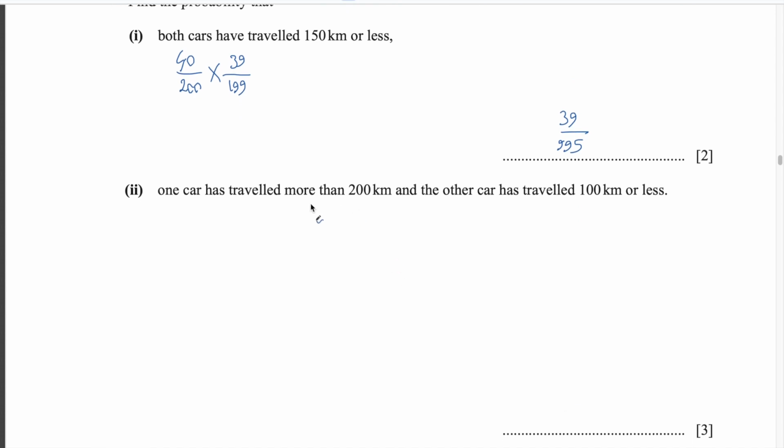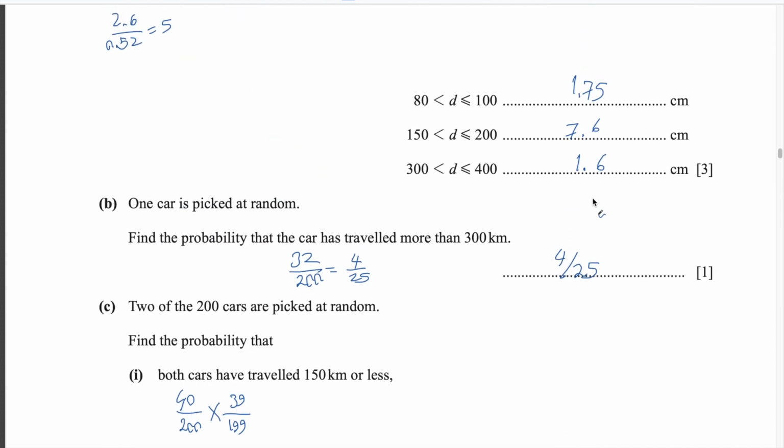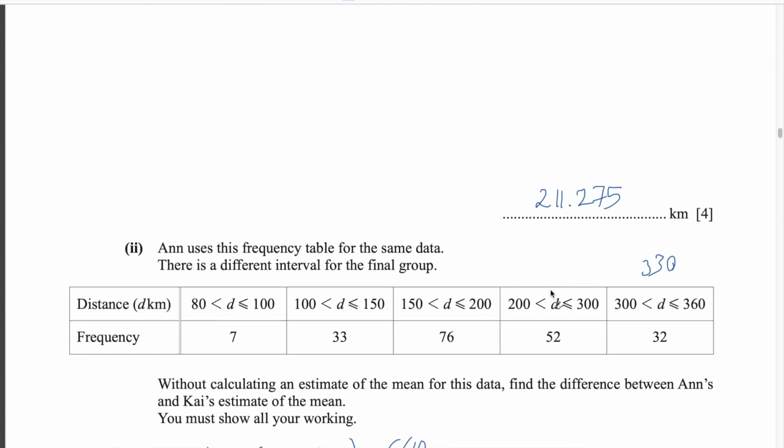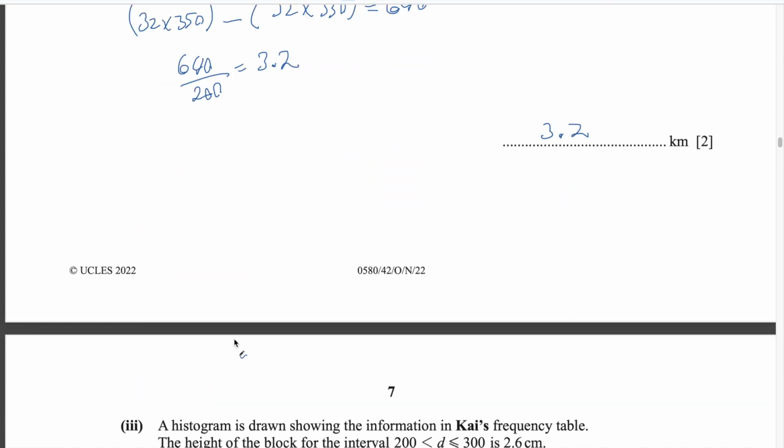It says one car has traveled more than 200, and the other has traveled 100 kilometers or less. So more than 200 is 52 plus 32, which will be 84. And 100 or less will be 7.